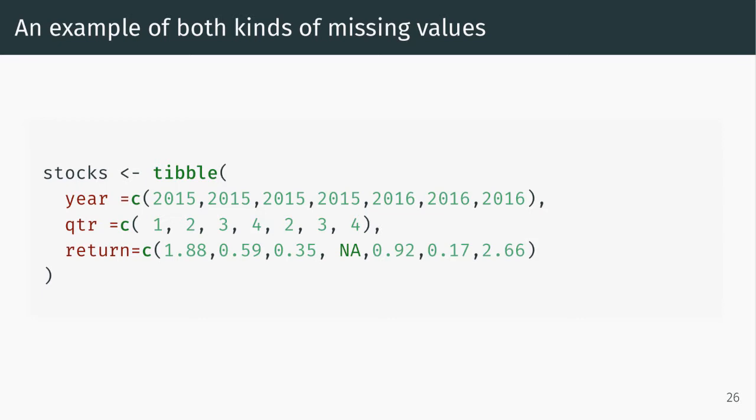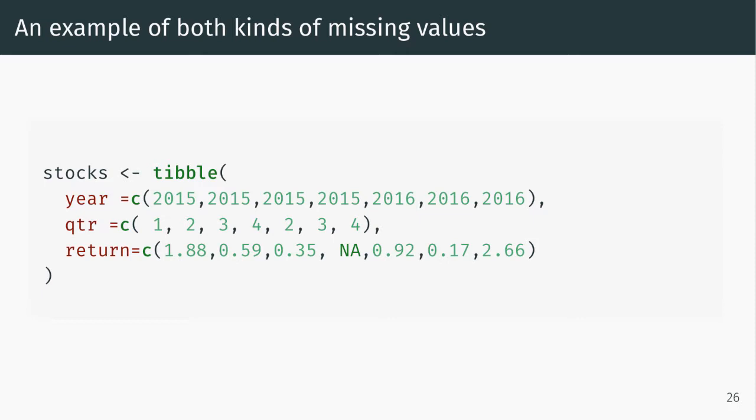So if you look at the first row, you'll see that there are 4 entries for 2015, but only 3 entries for 2016. And these are quarterly stock returns. So in the quarter row, we have all 4 quarters of 2015, and then we're missing the first quarter of 2016.